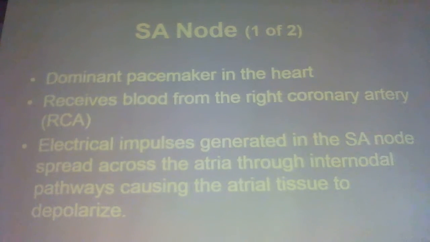The heart has a fail-safe system. So our primary pacemaker is the SA node, and its normal inherent rate is 60 to 100 beats a minute, right? If it fails, then we have a secondary pacemaker site. It's known as the AV node, or the AV junction. What's its inherent rate? 40 to 60 beats a minute.